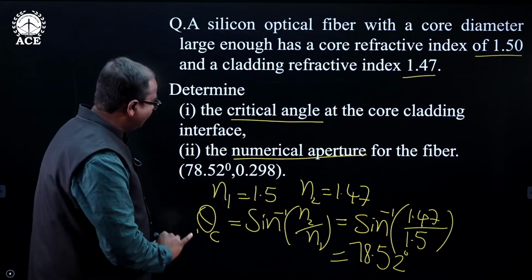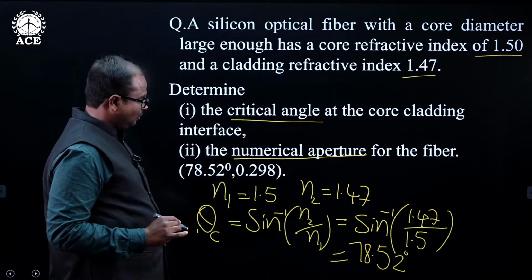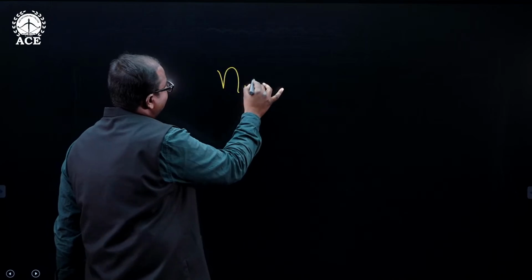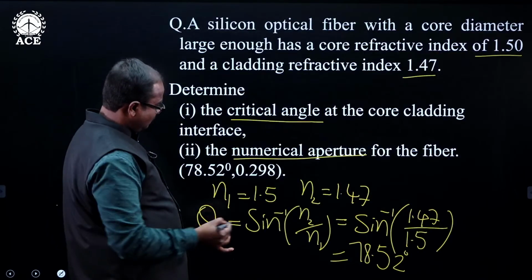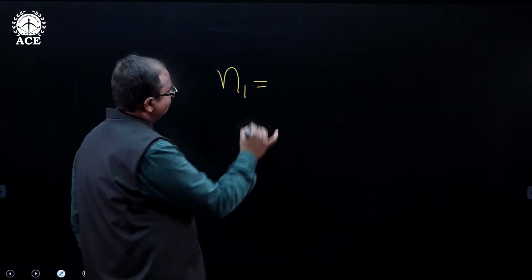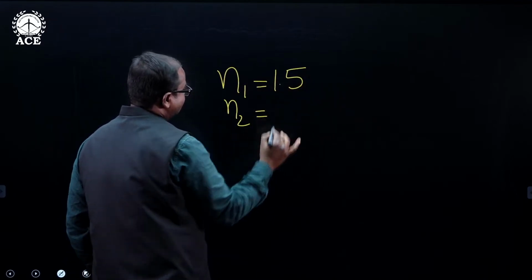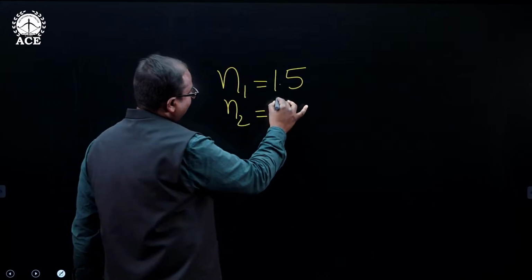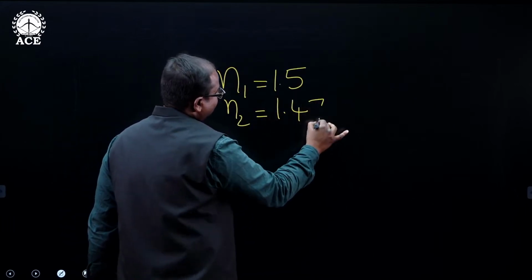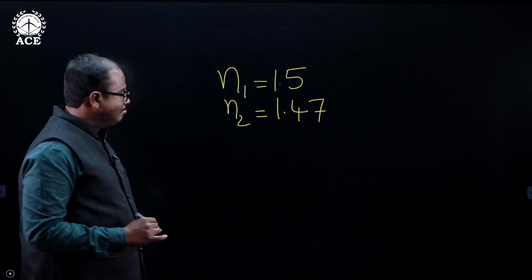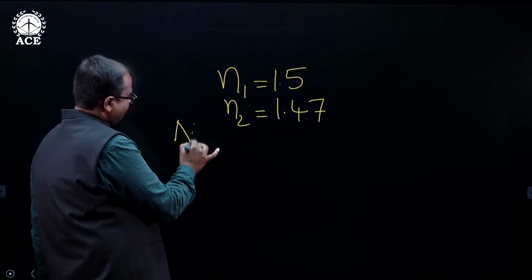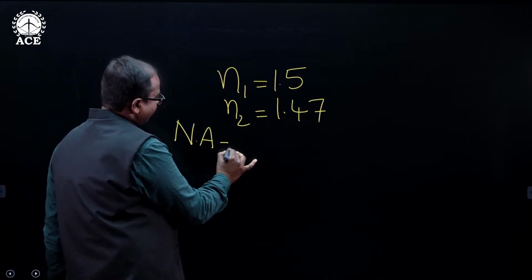And you also need to find the numerical aperture. Let us find out. n1 is given as 1.5, n2 is given as 1.47.